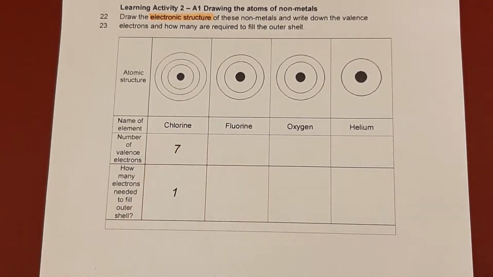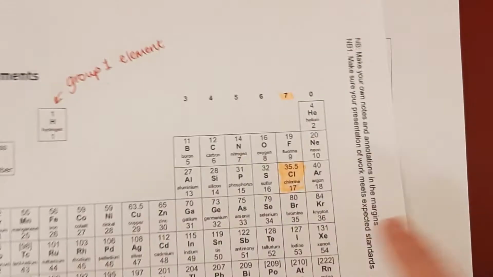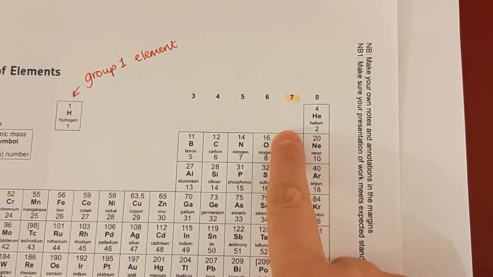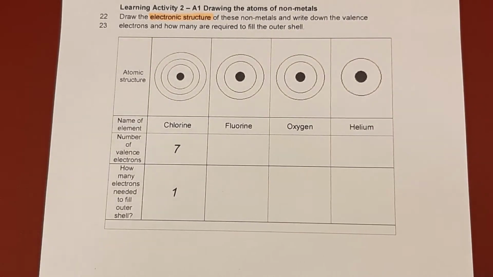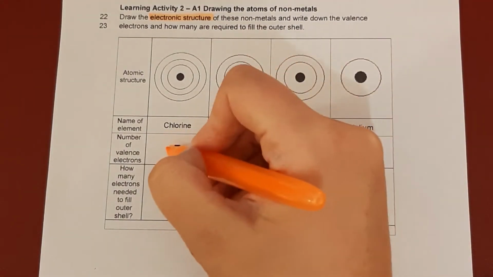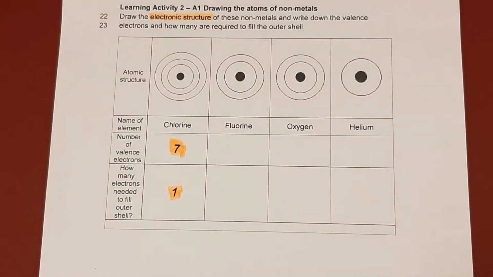So first of all, we're going to look at chlorine. And we looked at chlorine at least once already this lesson. So here it is again, and it's in group 7. So our group 7 element is going to have 7 electrons in its outer shell. Okay, that means it needs one more to fill the outer shell, which we've already done. We already know that from our previous exercise.